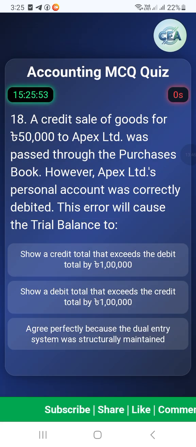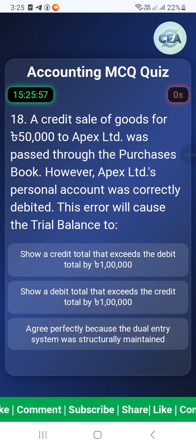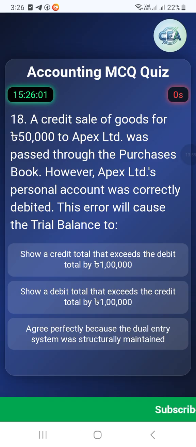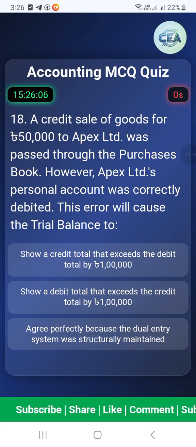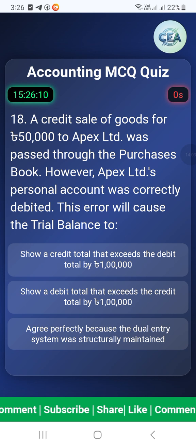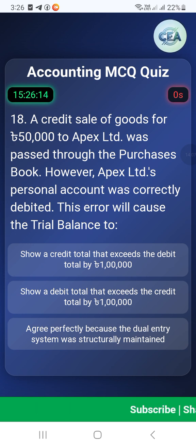18. A credit sale of goods for 50,000 takas to Apex Limited was passed through the purchases book. However, Apex Limited's personal account was correctly debited. This error will cause the trial balance to Option 1. Show a credit total that exceeds the debit total by 100,000 takas. Option 2.